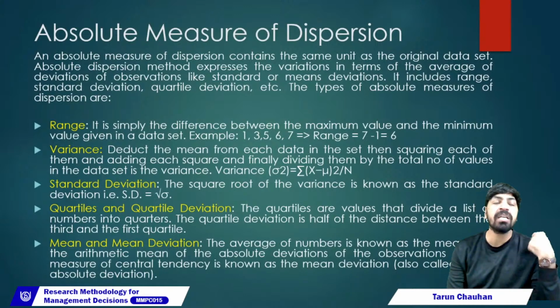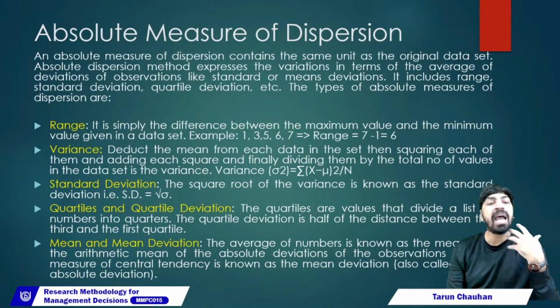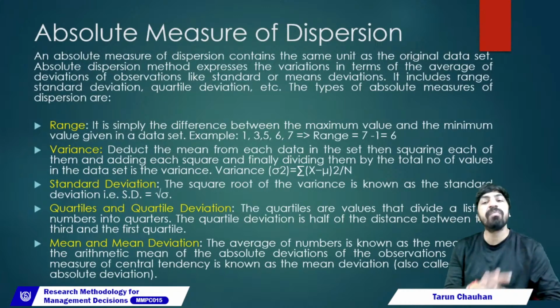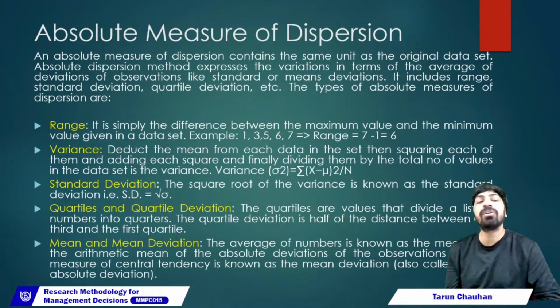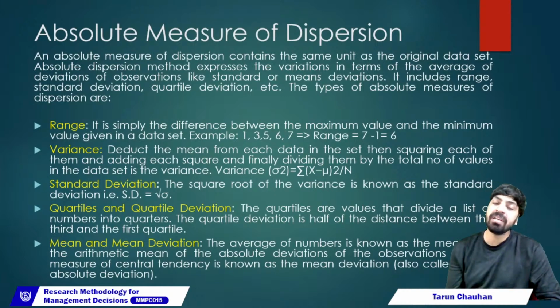When we talk about range, it's the difference between the highest value and the lowest value. When we talk about the variance, we deduct the mean from each data value, square each difference, add the squares, and divide by the total number of values in the set.